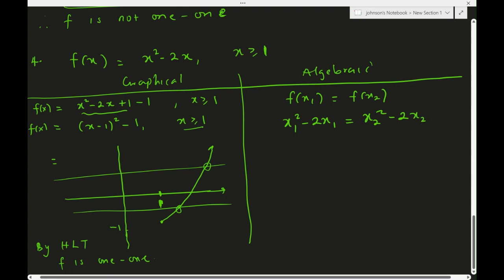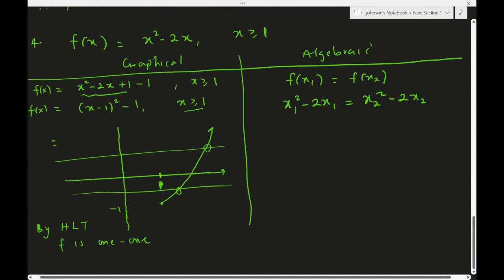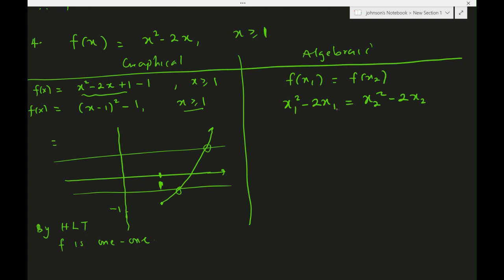So here, what can we do to show whether f of x1 is equal to f of x2? What can we do here? If you look at this part, you can see that here we have 2x1 and here we have 2x2.